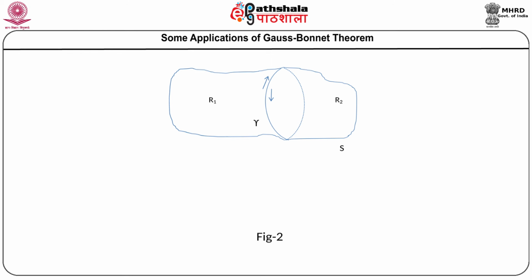See, this is the figure. So, if a sphere is compressed and it takes this form, then we can consider the two regions R1 and R2 separated by the curve gamma, and the orientations are given along the directions.